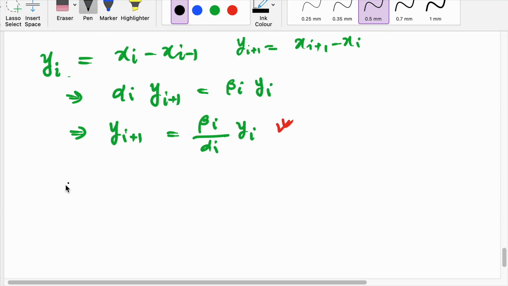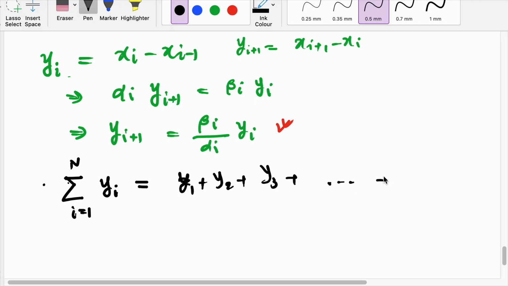So you see, if we sum over all i, why am I choosing i in this manner, i equal to 1 to n. If we sum all i's, what will you get? You will get first y1 plus y2 plus y3 plus dot dot dot plus yn.